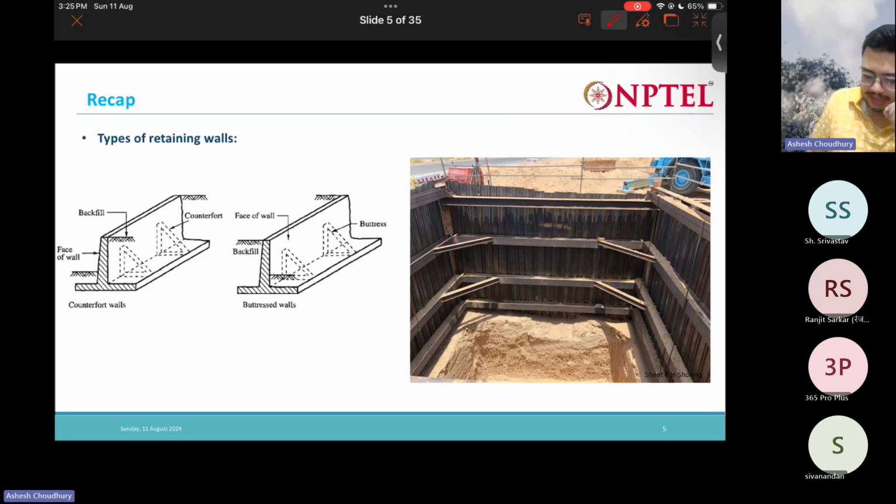Counterfort retaining walls are similar, but say you want to construct a very high cantilever retaining wall. To give the retaining wall more stability, we put some counterforts like this, like supports, on the retaining wall. These are nothing but the counterfort retaining wall.